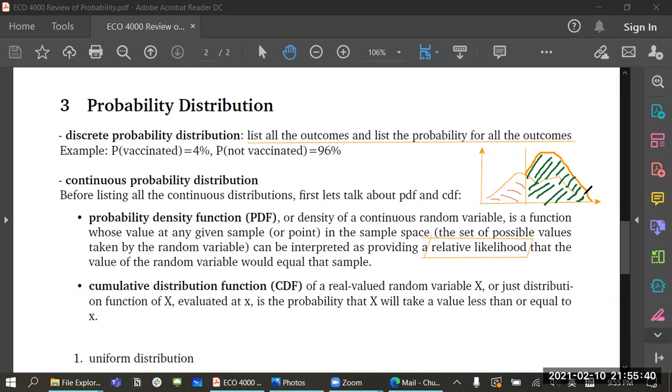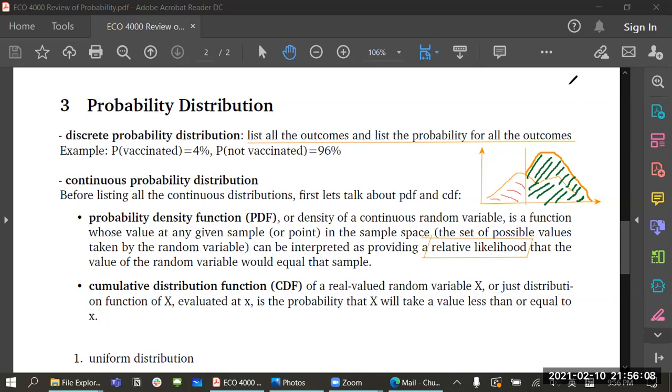So that is just a relative likelihood, because it's not exactly probability, but if the orange line is higher, it makes the green area larger, so that makes the probability of running over 4 hours larger. It's not exactly the probability of every point.